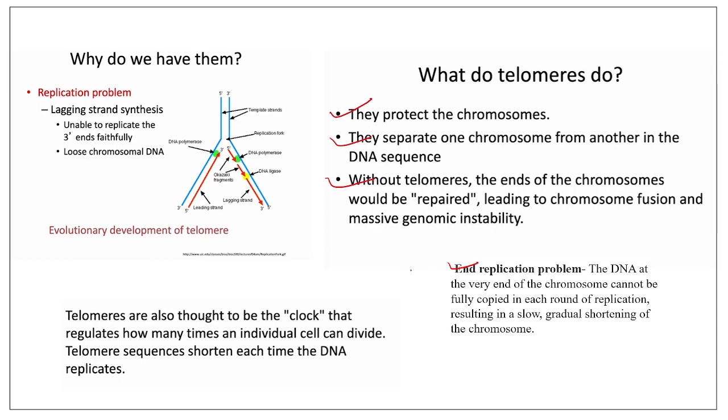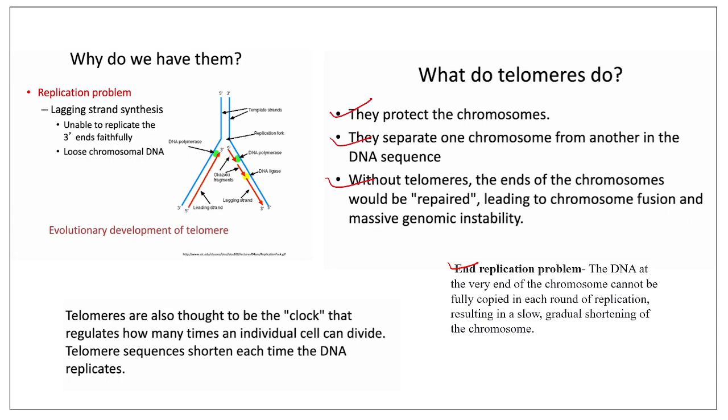What is this end replication problem? The DNA at the very end of the chromosome cannot be fully copied in each round of replication, resulting in a slow, gradual shortening of the chromosome. After every replication, the ends of the DNA are not completely copied.